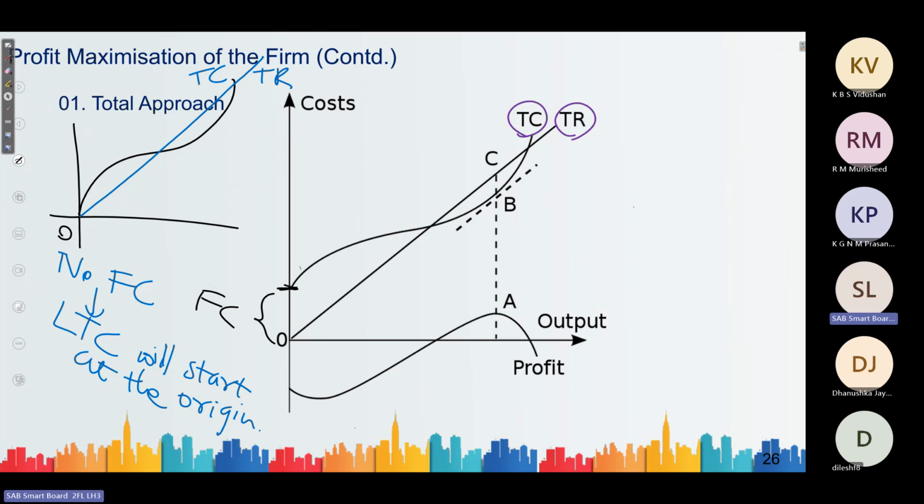Otherwise, the principles we applied here can be applied to find the long run profit maximizing output level as well. Clear?